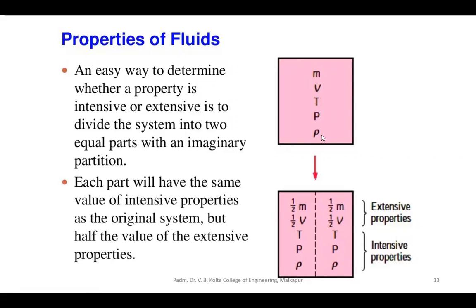Rho means density. This block will be divided into two parts. So mass total m आहे, तर आपण त्याला दोन पार्ट मध्ये डिवाइड केलं. So it will be 1/2 m, 1/2 m. Volume will be 50%, 50% here. So mass and volume are extensive properties, which depend on mass.